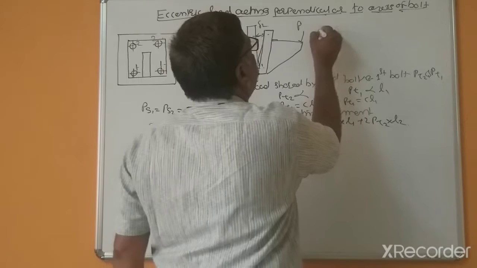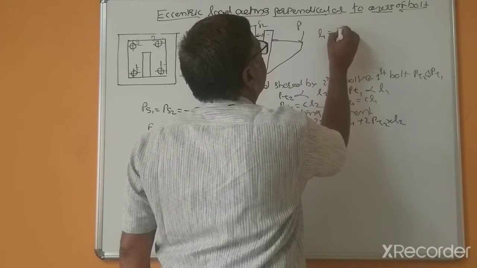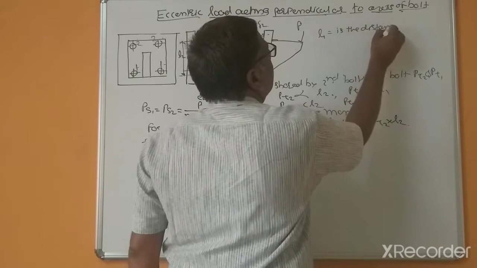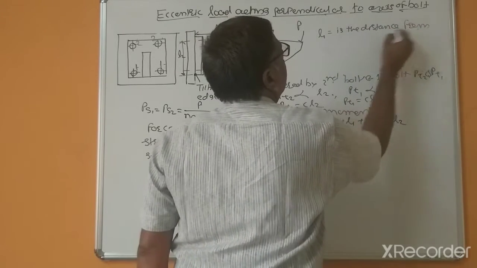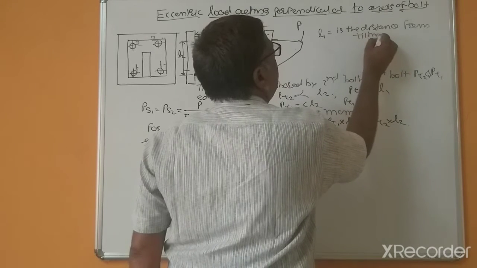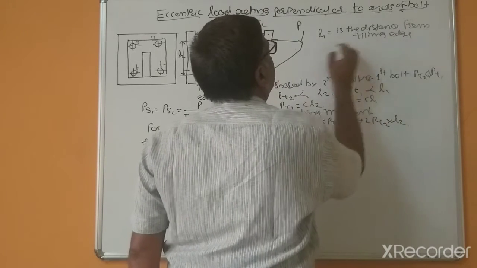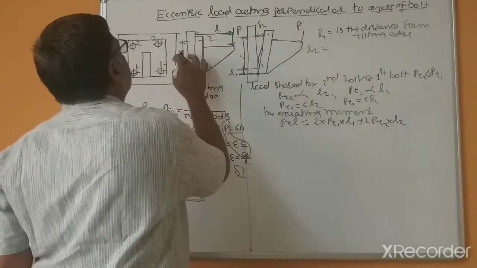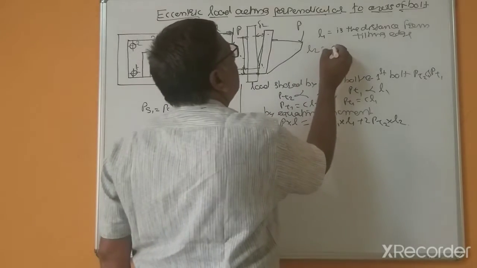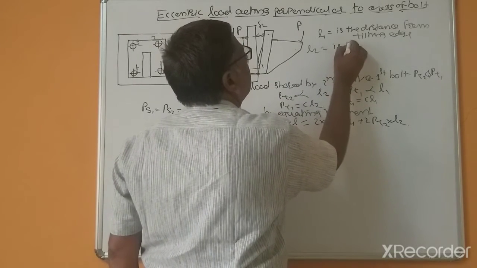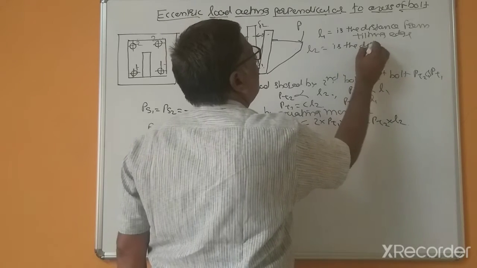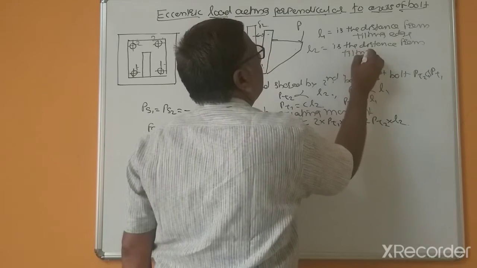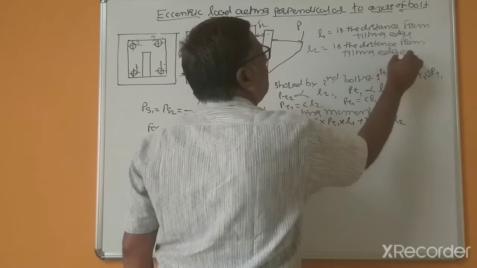This L1 is the distance from the tilting edge, and L2 is the distance from the tilting edge.